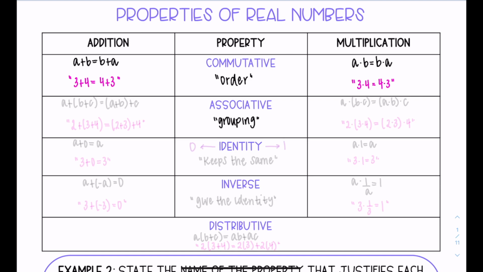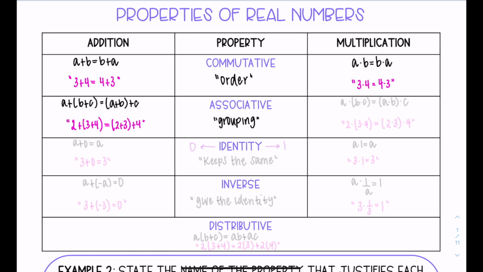So when we're talking about 3 numbers, if I have A plus B plus C, where B and C are added first and then we add A, that's the same thing as adding A and B first and then adding C. So that's like saying that 2 plus 3 plus 4 is the same thing as doing 2 plus 3 and then adding 4. We end up getting 9 in either case.